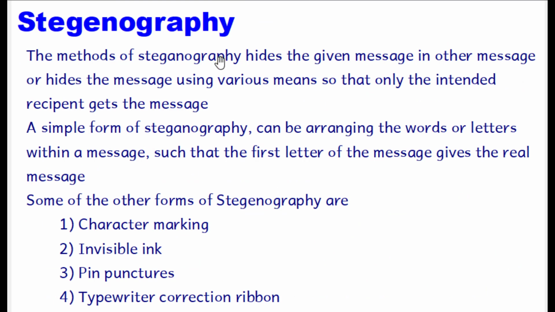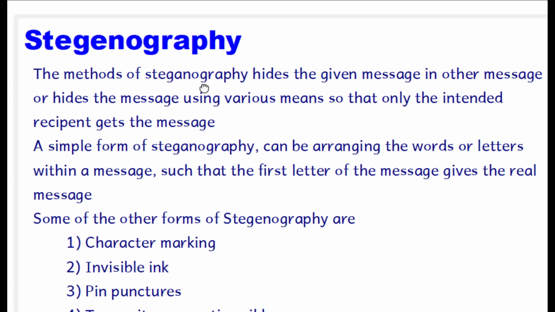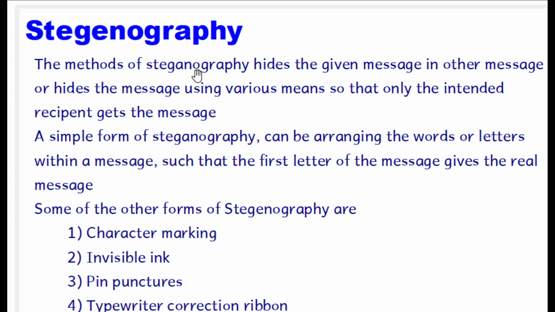The last topic of this session is steganography. Steganography is different from cryptography, because in steganography we don't use any key, and the actual message is hidden in some other message. So we write a message, and what we want to convey may be inside that particular message itself.